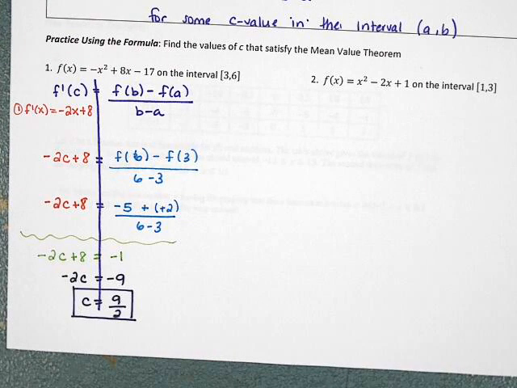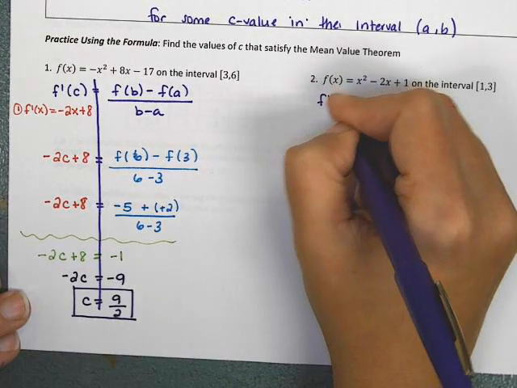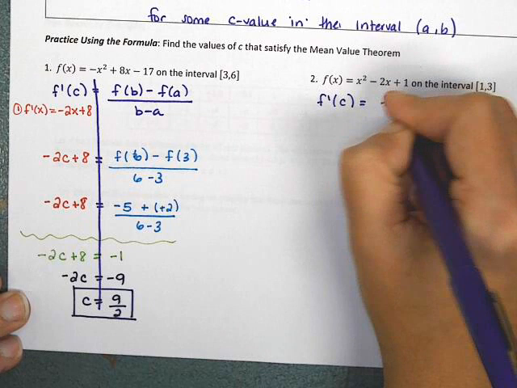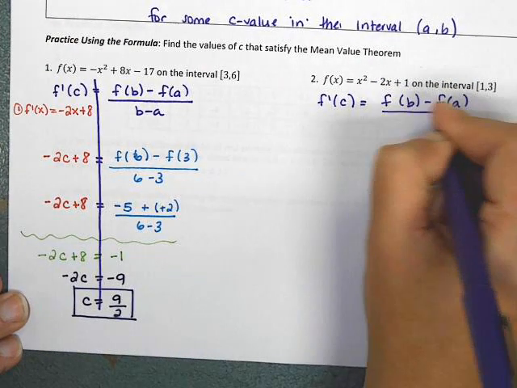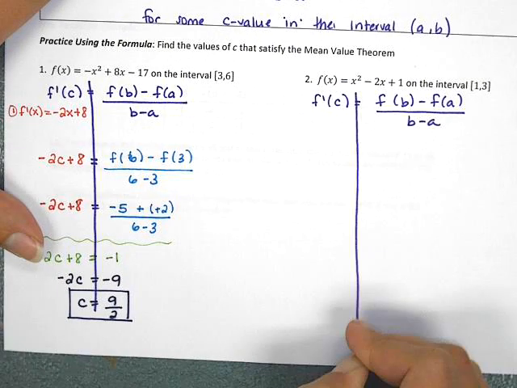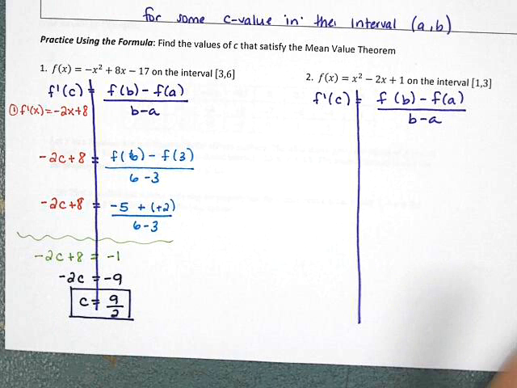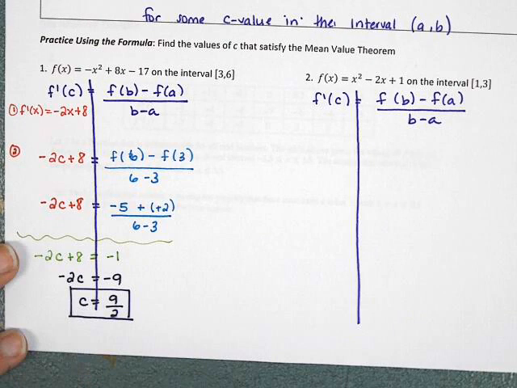Let's try this again. So again, the mean value theorem sets up an equation. F prime of c equals f of b minus f of a all over b minus a. When you have an equation, you need to do one side at a time before you deal with the whole thing. So to figure out f prime of c, first I would take the derivative, then I would plug in c.